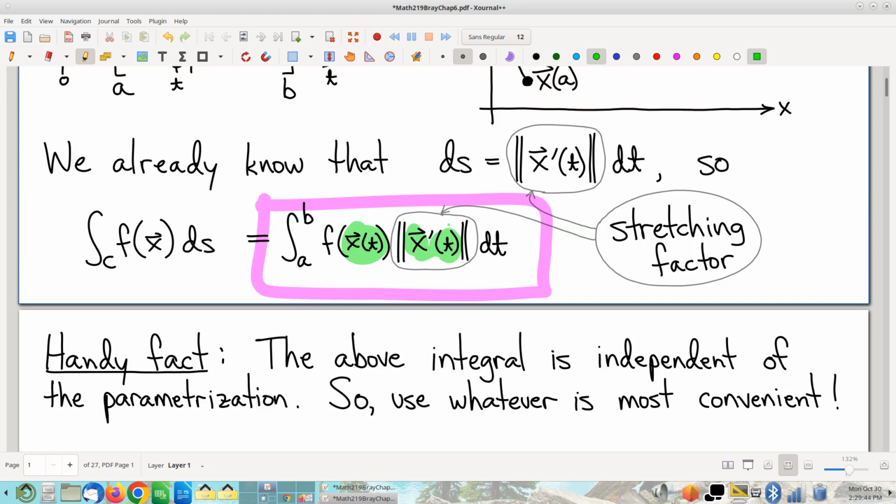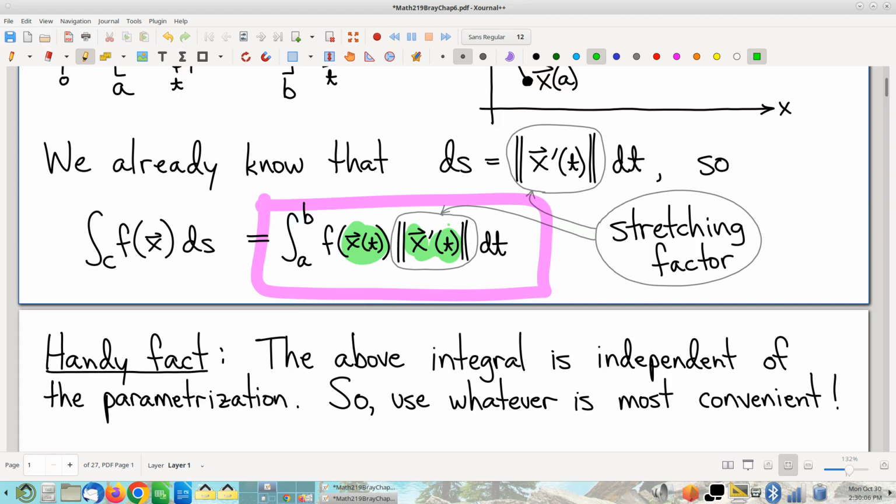Which means you would think, at a glance, that if I parameterize one way and somebody else parameterizes a different way, we might get different answers. But wait a minute, we're computing the same accumulating quantity. We're trying to compute the mass of the same thing.